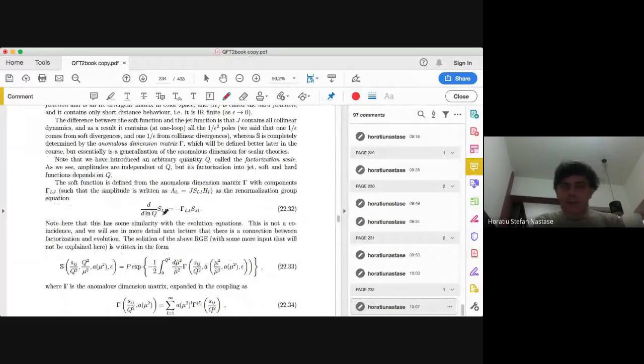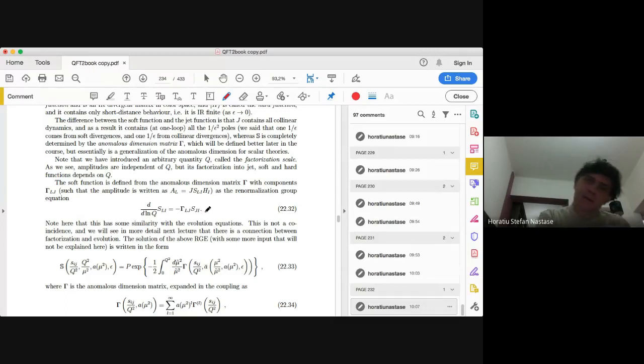And then the anomalous dimension matrix, gamma, is defined like this: d/d log Q, Q being the factorization scale, of this S matrix is minus gamma_Lj S_ji.